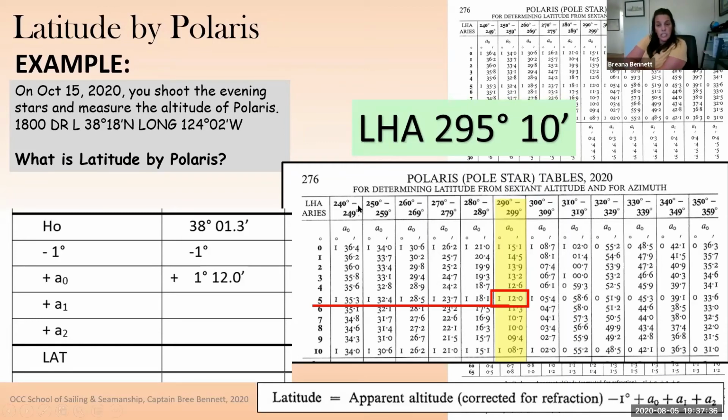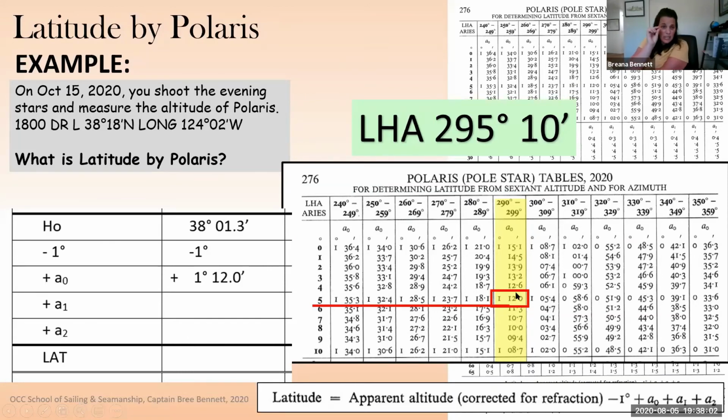And then for my LHA, it was 295, so I'm going to go with my 5 degrees. If I'm closer to 296, like 295 45 or something, then I would go with the 6. There are a little bit of differences here, so you can mentally interpolate if you want.